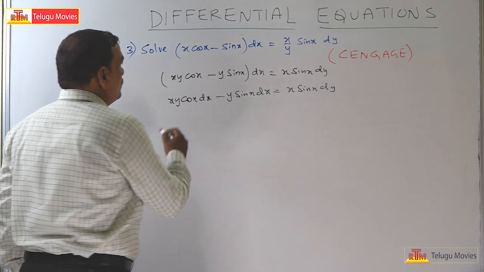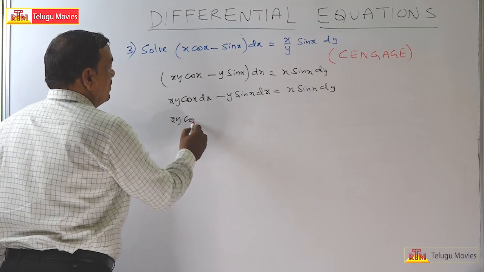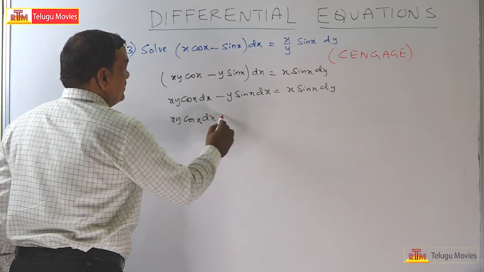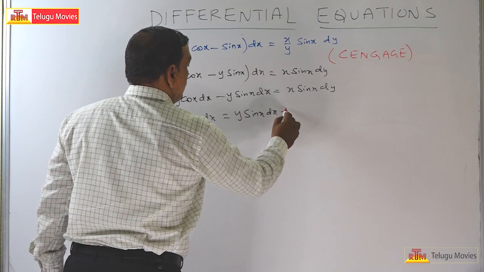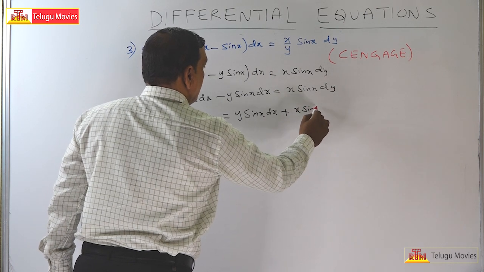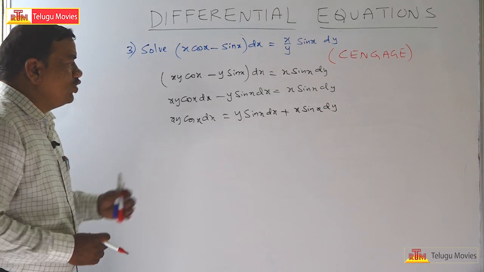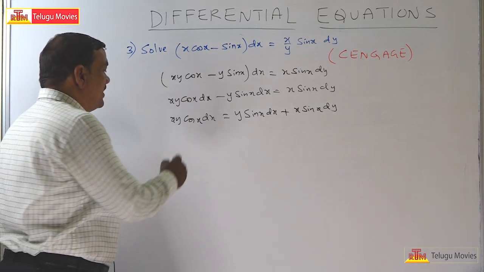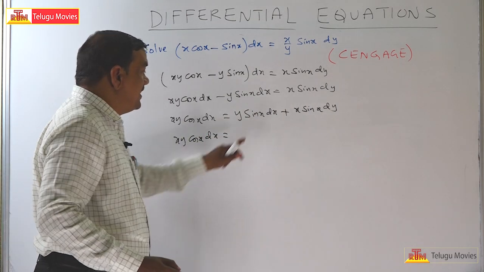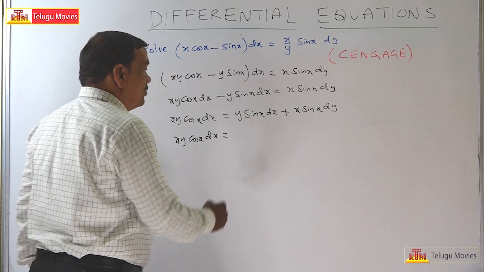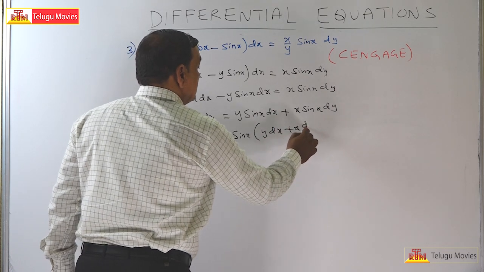So xy cos x dx is equal to y sin x dx plus x sin x dy. Is there anything to be taken common outside? Here this is xy cos x dx, and on the other side you can take sin x common outside. So if you take sin x common, what happens here? y dx plus x dy, right?